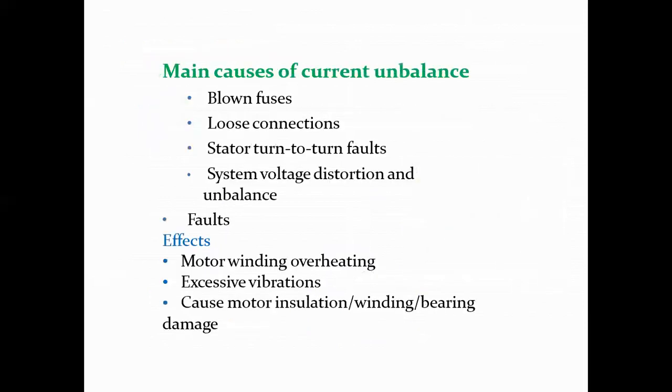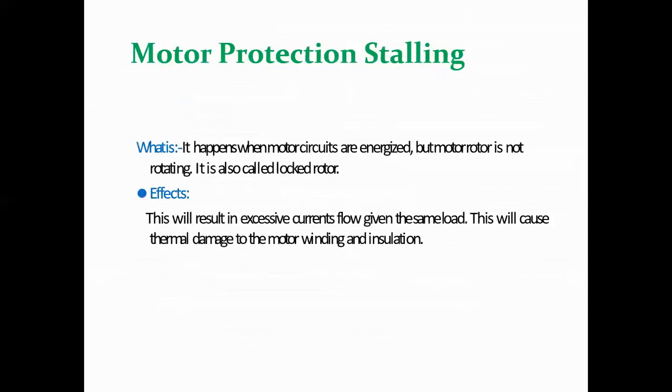The main causes of current unbalance are blown fuses, loose connections, stator turn-to-turn faults, system voltage distortion, and unbalanced faults. Effects: motor winding overheating and excessive vibration, causing motor winding insulation and bearing damage due to current unbalance.